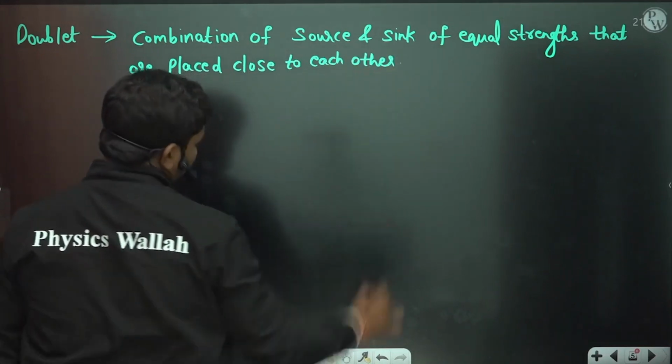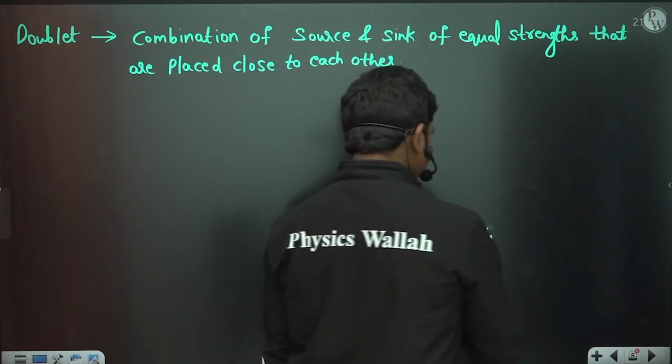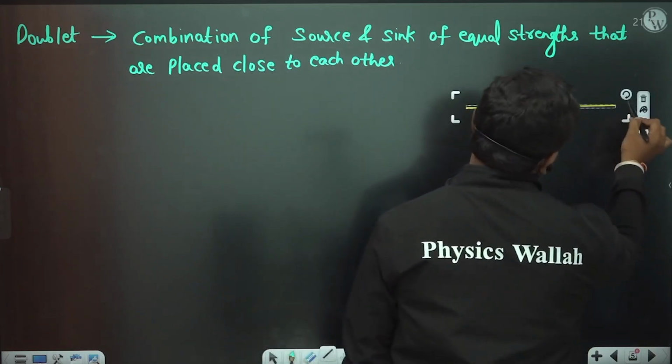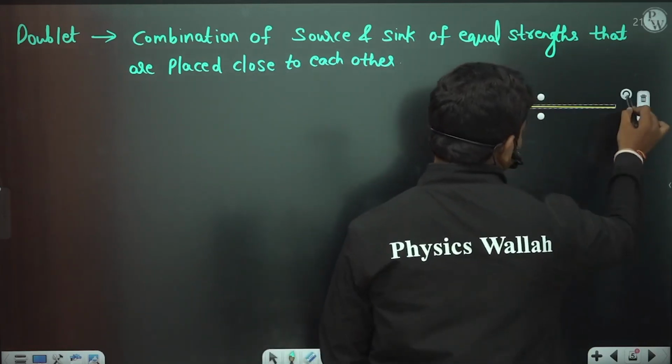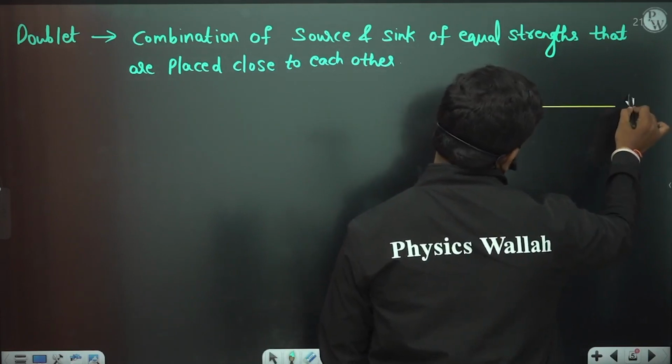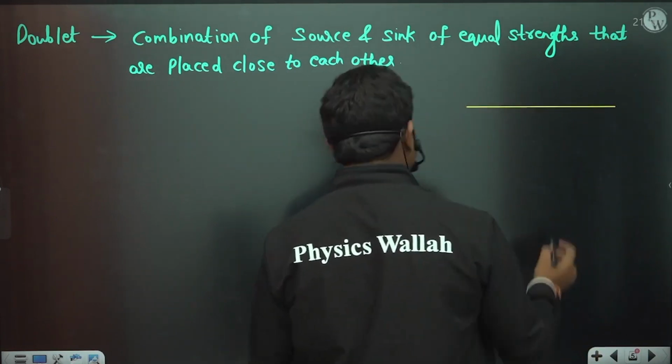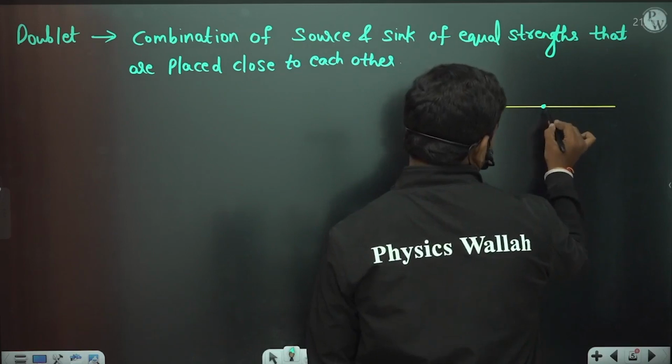Now in the last session I gave you some mathematical understanding of the complex potential function. If you see carefully here, let us suppose this is a source and a sink, for example. This is the origin in the system.